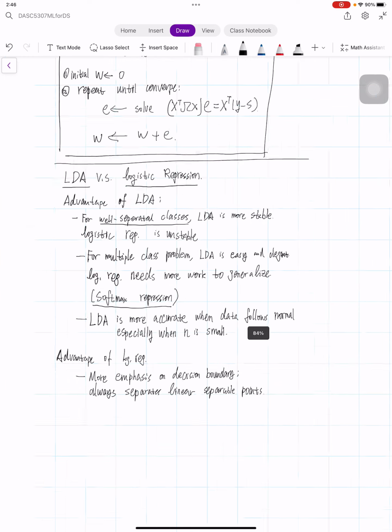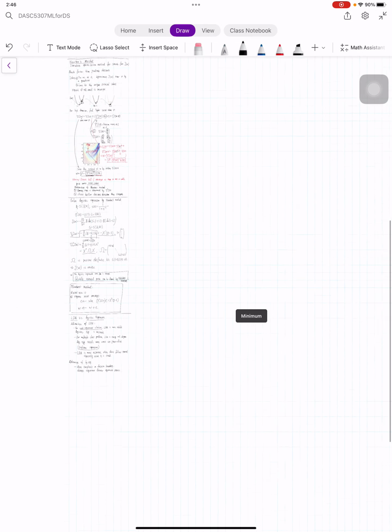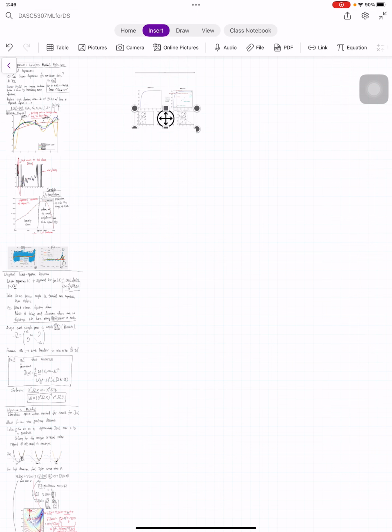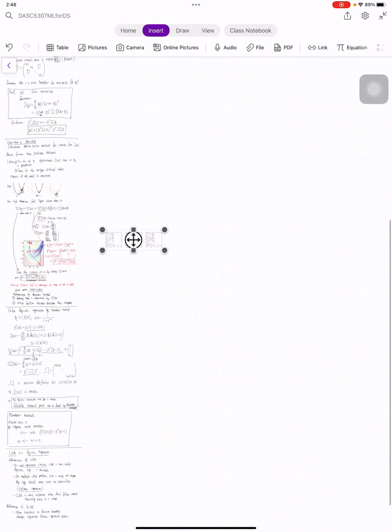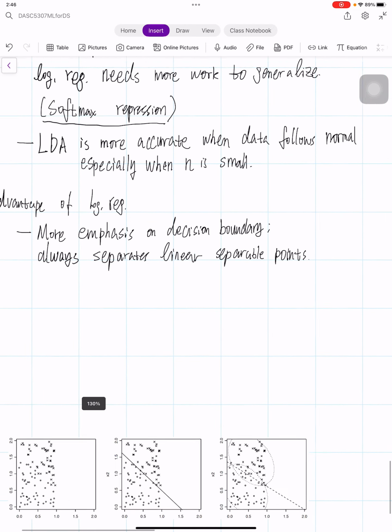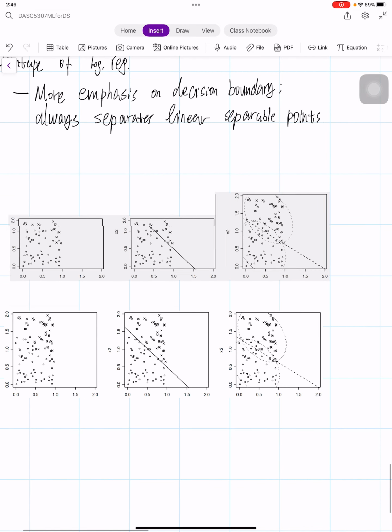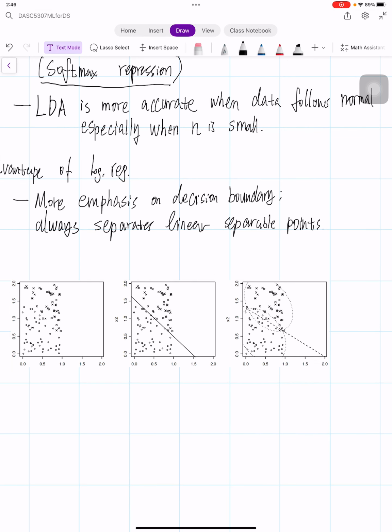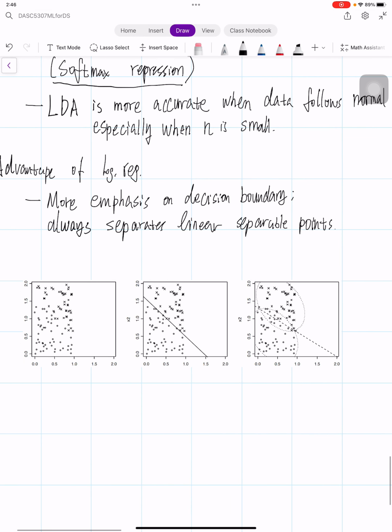Maybe I'll give you a chart here. For example, these are the data points here.